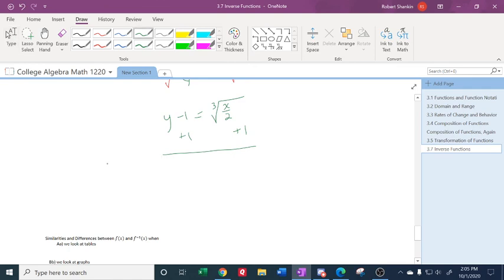And I get y equals the cube root of x over 2 plus 1. The very last step is number 3. Replace y with f inverse of x. And if I do that, I get f inverse of x is this.